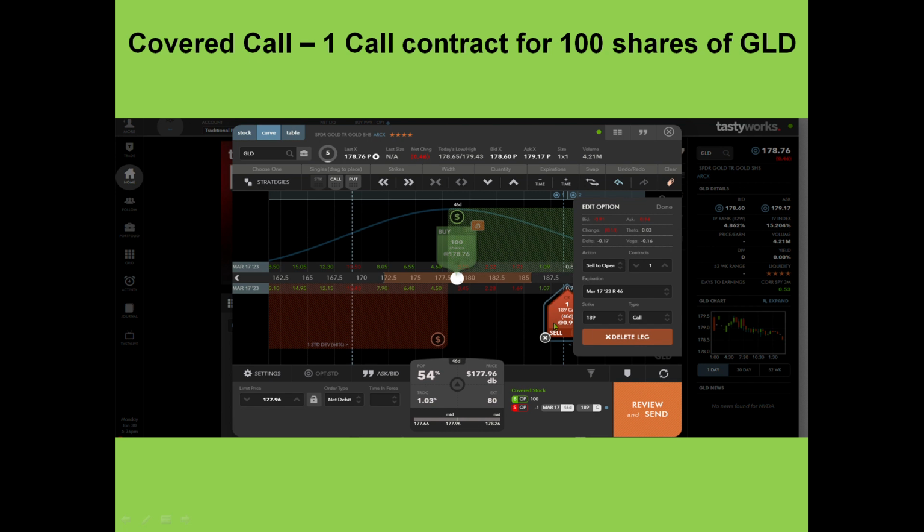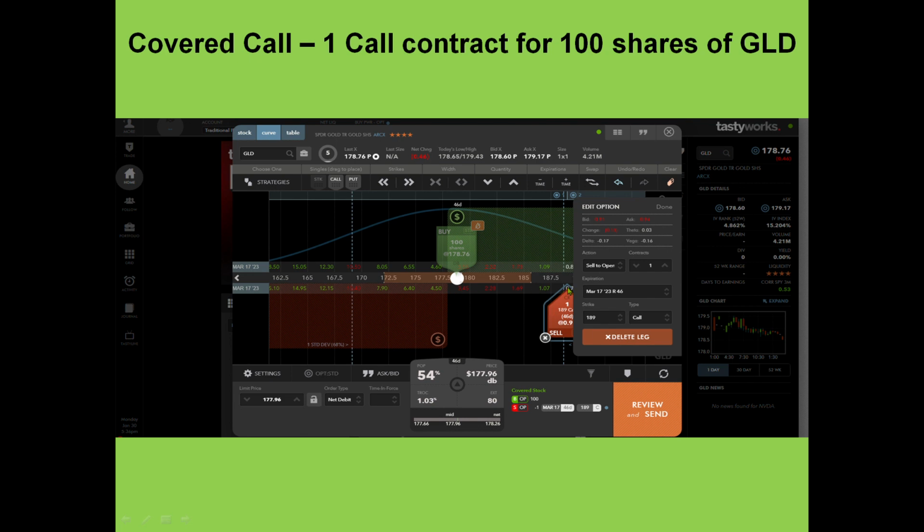If I sell a covered call at 189 strike price with March 17 expiration date, which will give us about 93 cents of call premium, and the delta for this call is minus 0.17. So in other words, it's fairly out of the money.